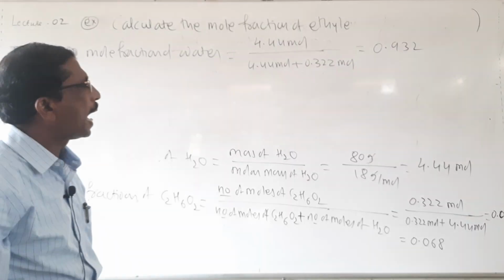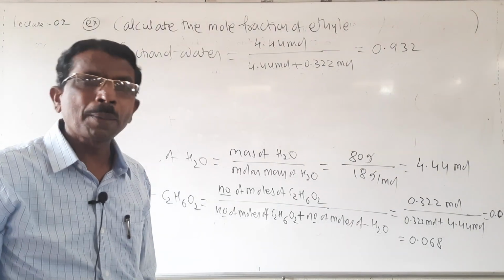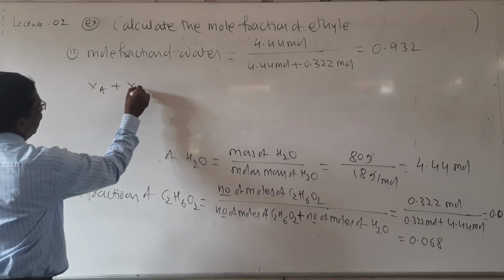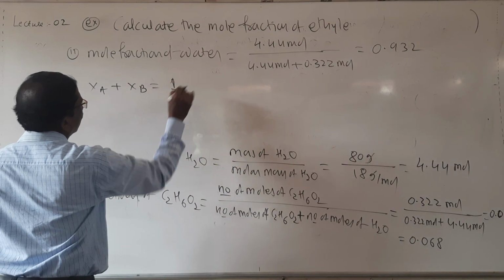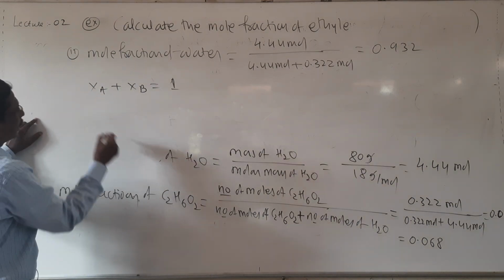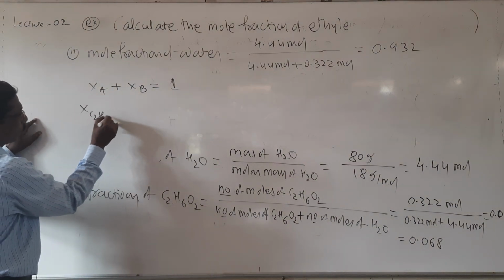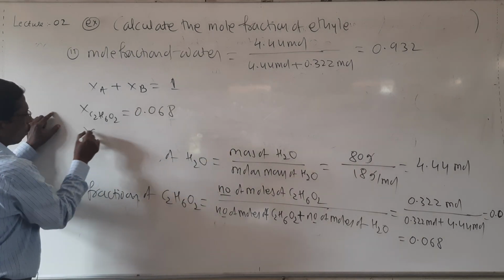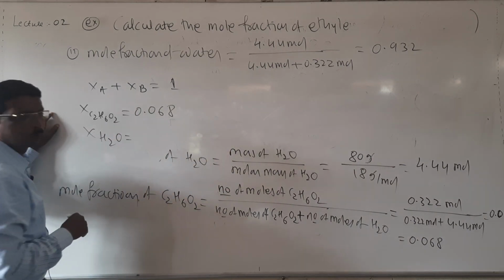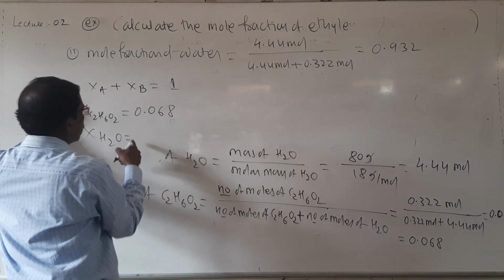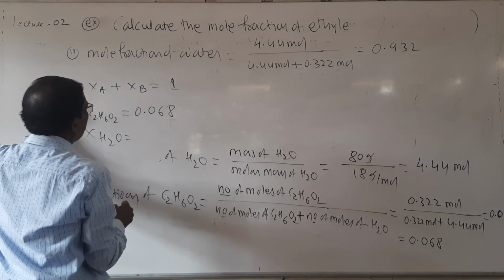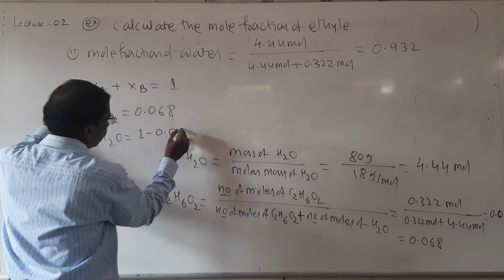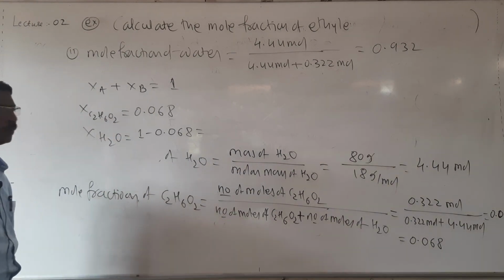0.932. And if you go by another method, we know that XA plus XB is equal to 1. If you know that the mole fraction of ethylene glycol, C2H6O2, is 0.068, then what is X of H2O? Here X of H2O is 1 minus 0.068.